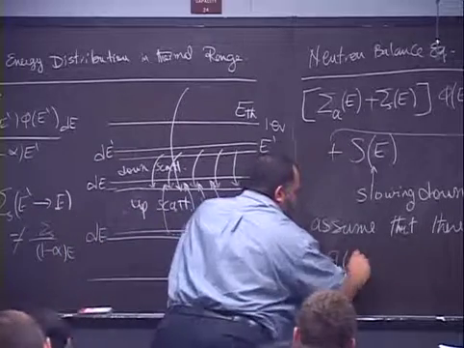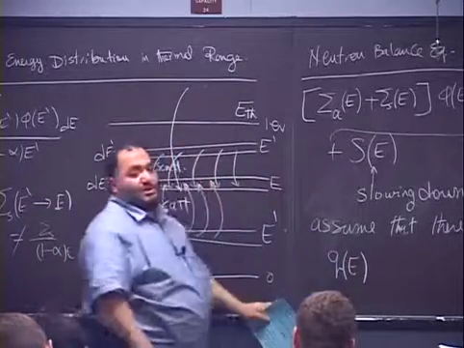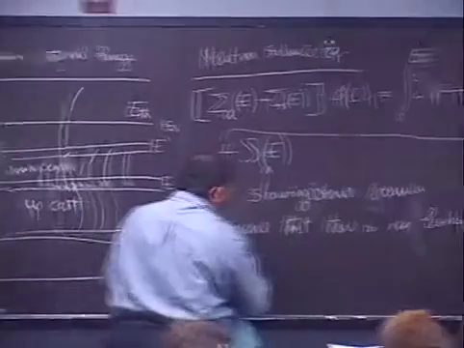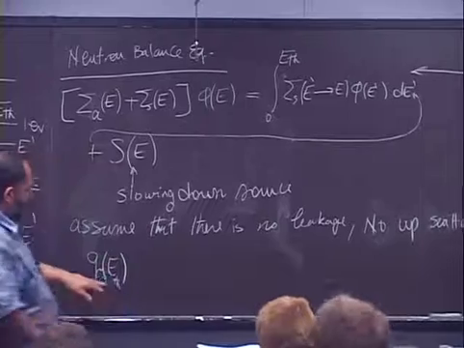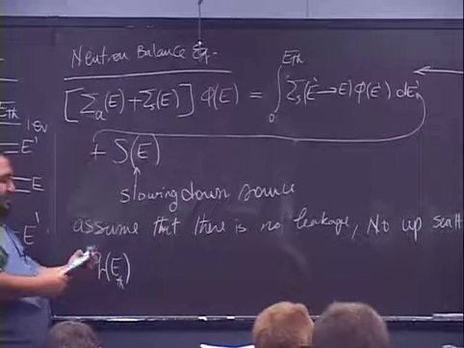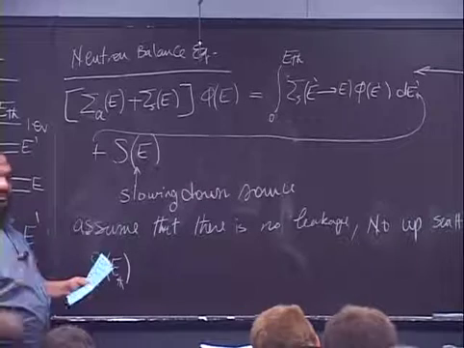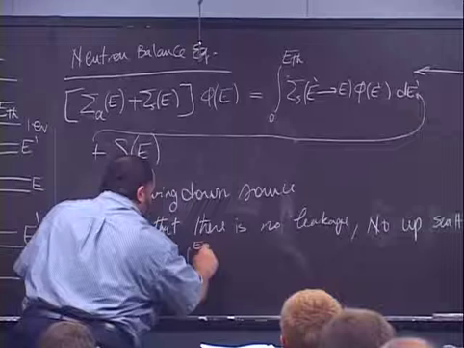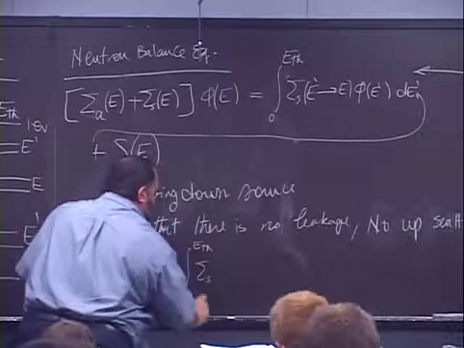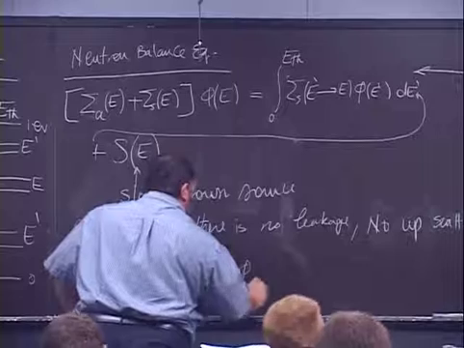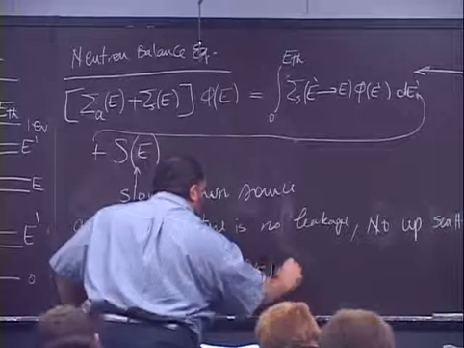The condition is Q at energy E, the slowing down at energy E, just equals Q at energy E thermal, the slowing down beneath the thermal energy, which should be equal to the integral from 0 to E thermal of sigma absorption of E multiplied by phi of E dE.